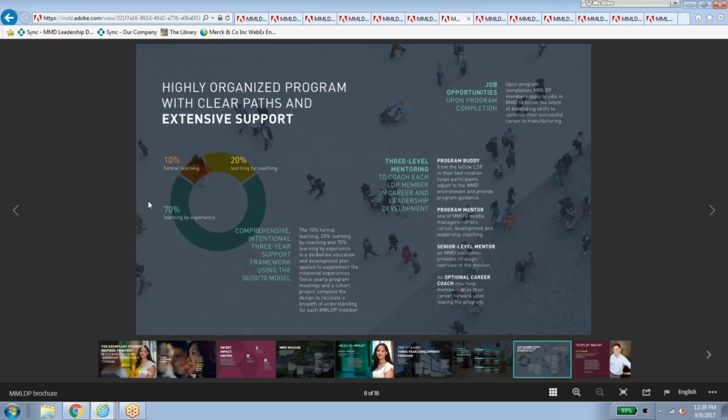So twice a year, once in the fall and once in the spring, the entire program from across the globe, so all the program members from the US, from Europe, and also from the Asia Pacific region, will come together and spend an entire week together, really focusing on training some core functional competencies that the manufacturing leadership team have defined as key skills that leaders in the future in the company need to have to be successful.